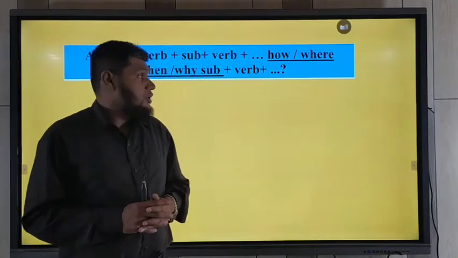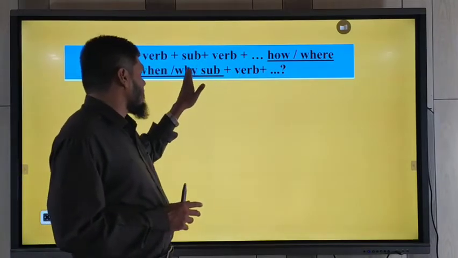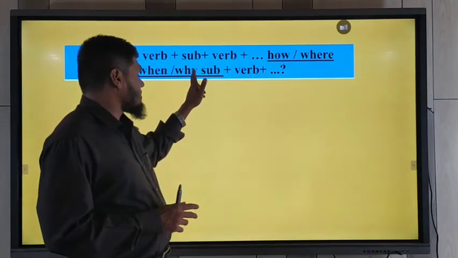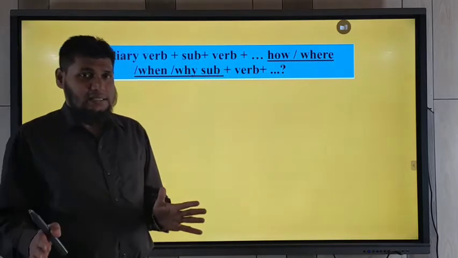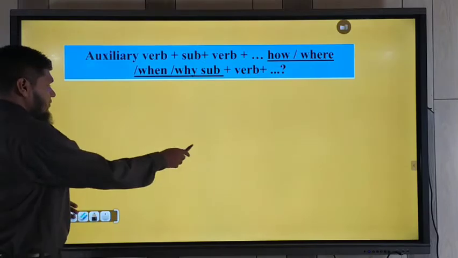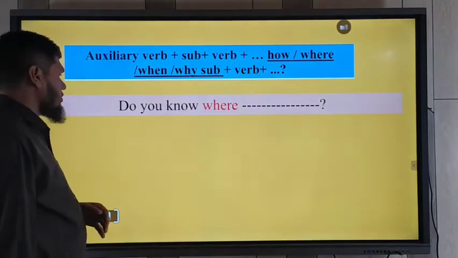You should use the structure. After these words you should use subject plus verb and extension. Okay, let's have an example.